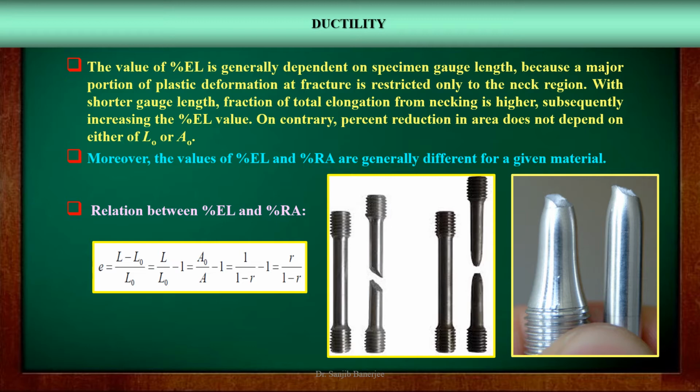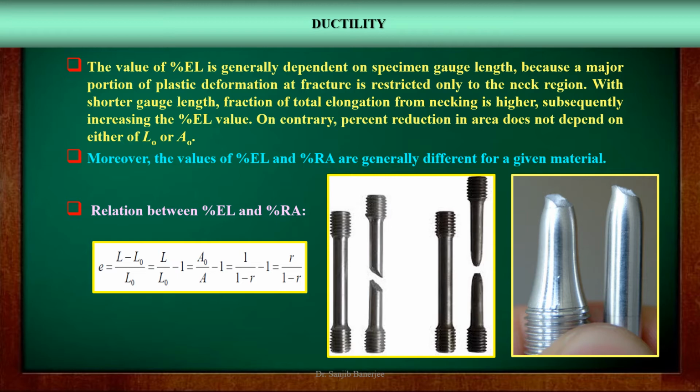Now let us discuss the significance of these two parameters. The value of percentage elongation is generally dependent on specimen gauge length because a major portion of plastic deformation at fracture is restricted only to the necking region.